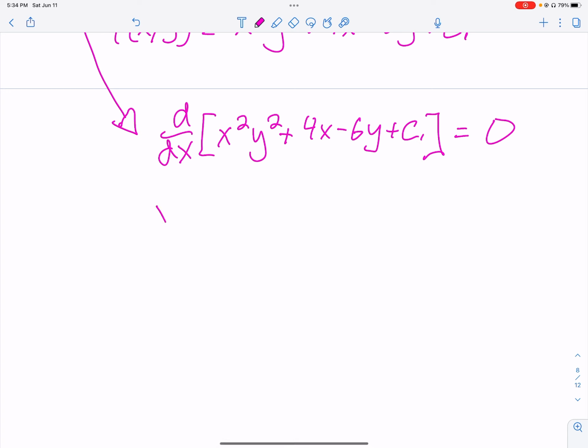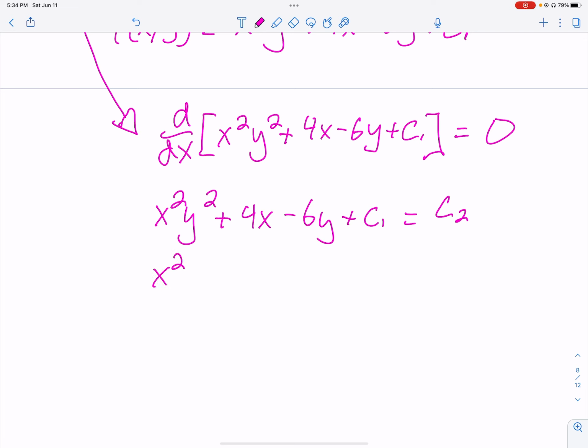We just integrate both sides. We don't even need to show that. It's easy to see. I get x squared y squared plus 4x minus 6y plus c1 equals the integral of 0, which is c2. It's another constant. So this gets me x squared y squared plus 4x minus 6y equals, and I'm just going to make it a new constant, c. Now we have an initial condition. I just looked at my notes to grab it.